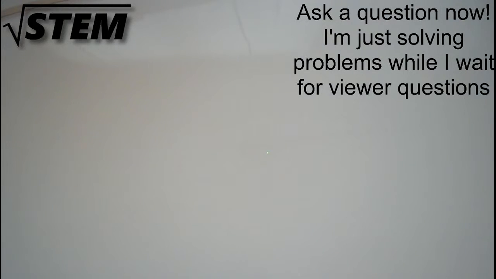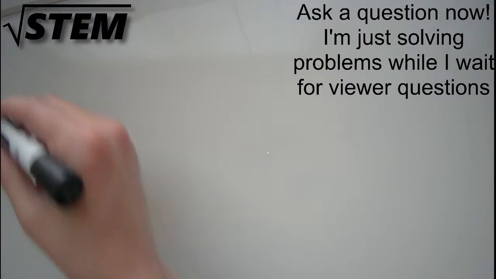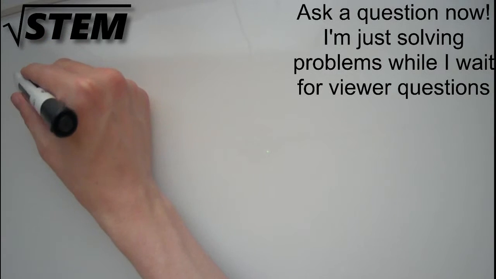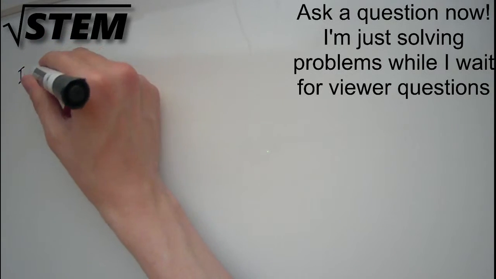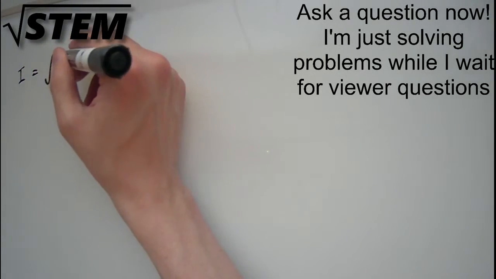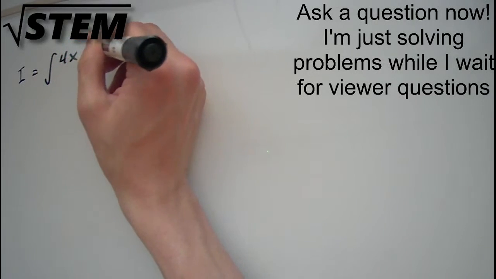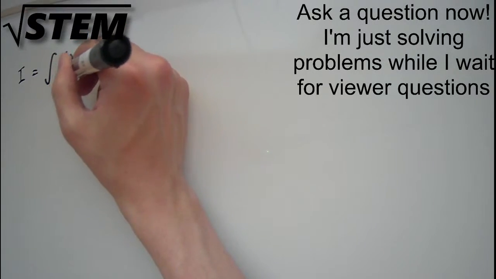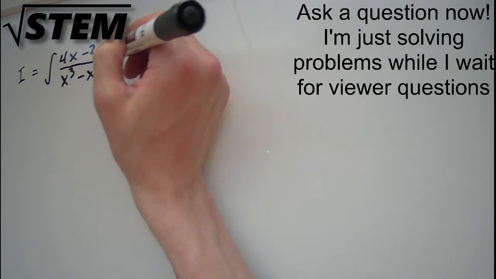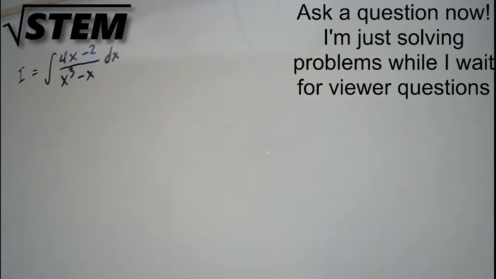We're going to have the integral of 4x minus 2 over x cubed minus x dx.